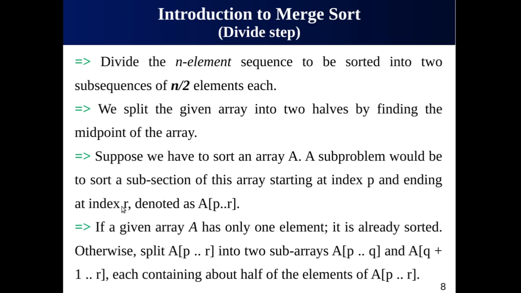So if you have 10 elements in the array A and you start the indexes from 1, then P will refer to location number 1, while R will refer to location number 10. And we can denote it by an expression like this: A[P..R], where A represents the name of the array, P is the starting index, and R is the final index.